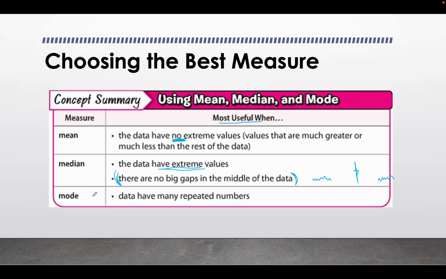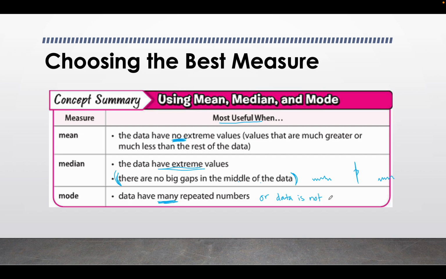And then finally, the mode is most useful when the data has many repeated numbers. Or I would like to add to this, how do I explain this? If the data aren't numbers.